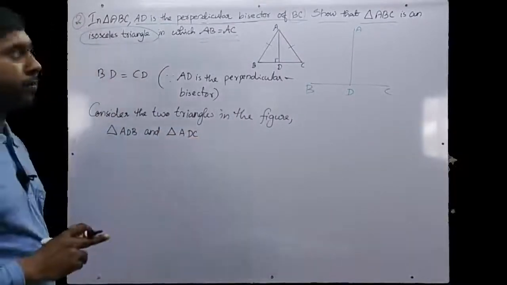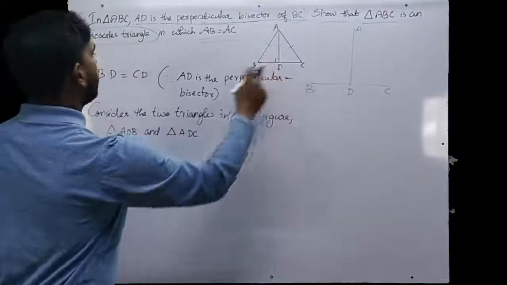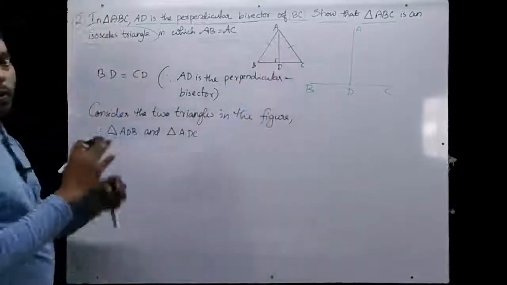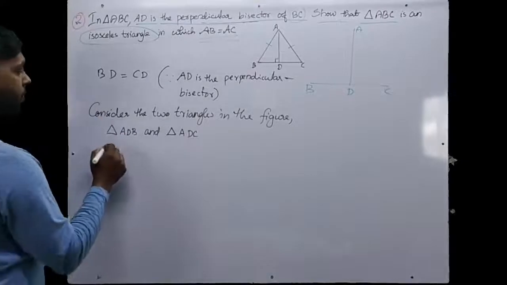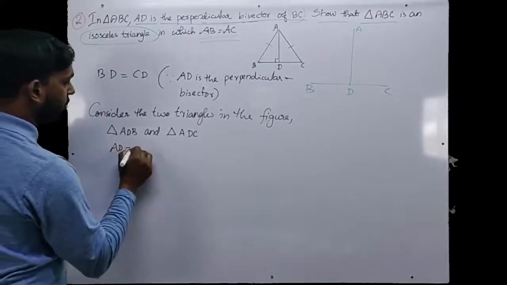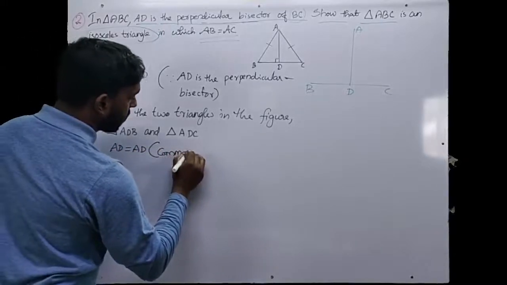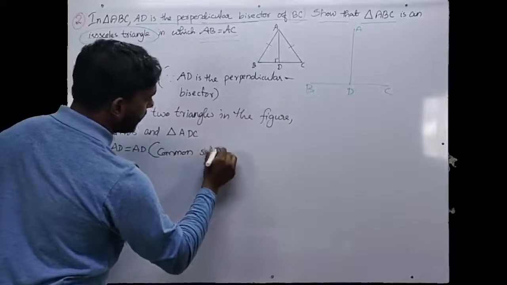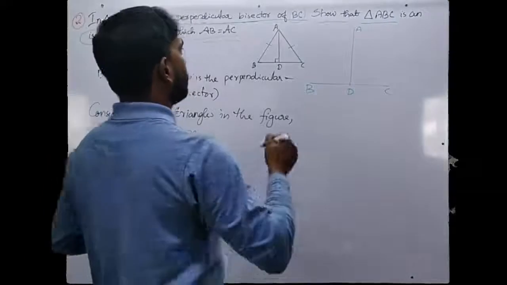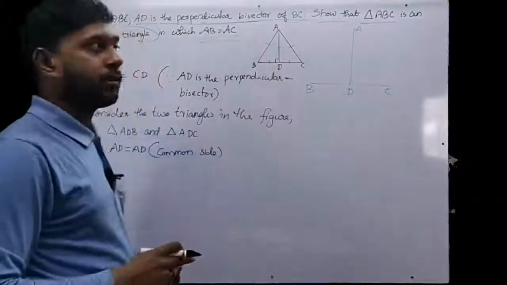So if you look at these two triangles, we have already seen that BD is equal to CD, and AD is the common side of both these two triangles. So therefore we can write AD is equal to AD. Why? They are common sides. So we have now understood that these two sides are equal. Also we have proved these two sides are equal.